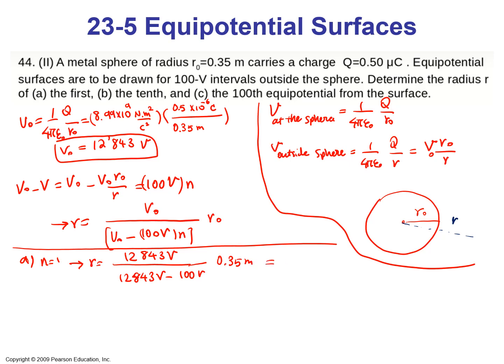So we'll have 0.3527 meter, which is about 0.35 meter. It's almost on the surface, so the first equipotential surface is almost on the surface of the sphere.